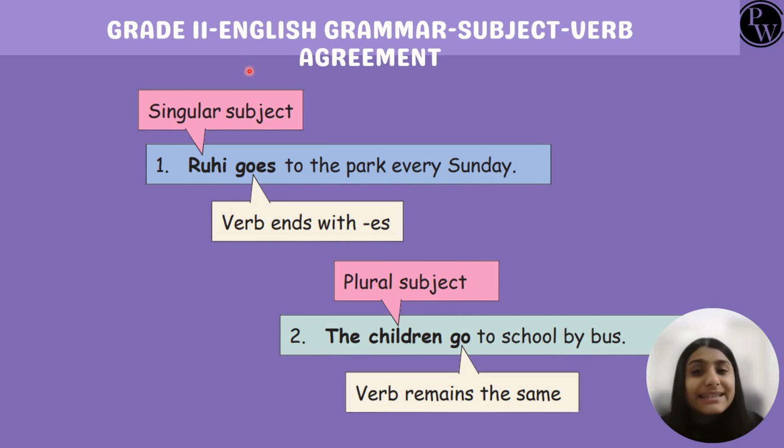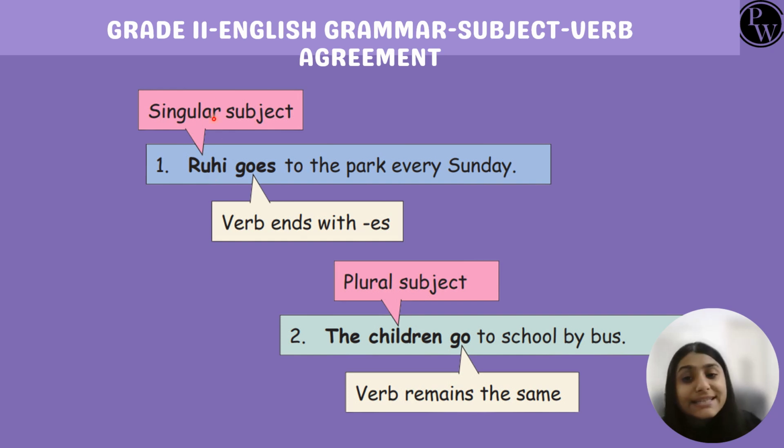Okay, so let's look at the sentences that follow the subject verb agreement rules. So the verb in the first sentence, Ruhi goes to the park every Sunday, ends with es, right? And the verb in the second sentence remains the same. Now, why so? Because here Ruhi is a singular subject, right?